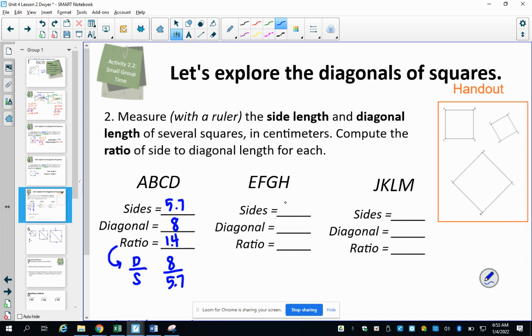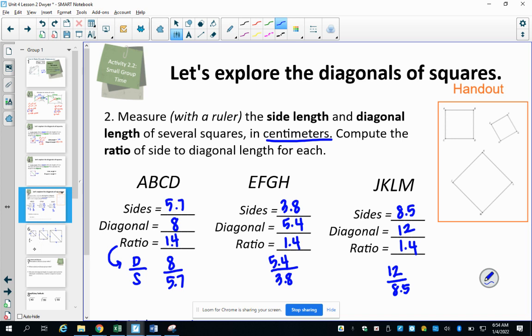For EFGH, you got the side lengths to be 3.8 and the diagonal to be 5.4, approximately, and I'm looking in centimeters. So 5.4 divided by 3.8 should have gotten about 1.4. For JKLM, you got the sides to be 8.5 centimeters and the diagonal to be 12. So 12 divided by 8.5 should have gotten 1.4.